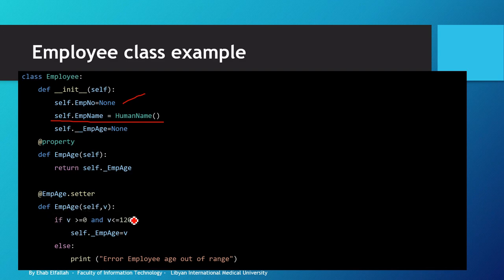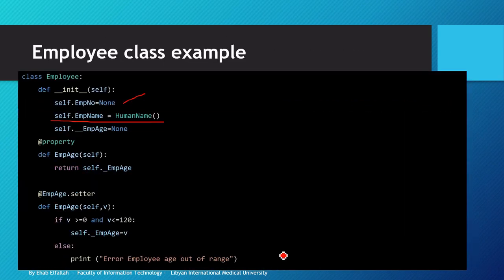Inside, before we set the value into the attribute, we can make the condition that we want. So here our condition is if the value is bigger than 0 and the value is less than 120, assign the value to the employee age. Otherwise, print error, employee age is out of range.